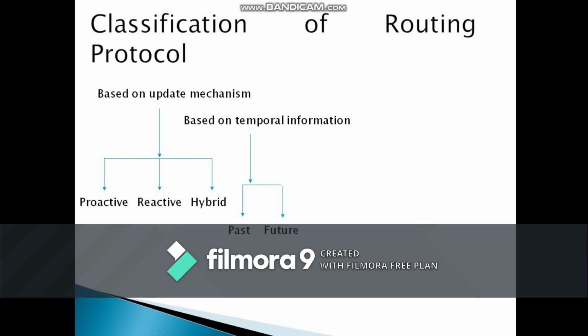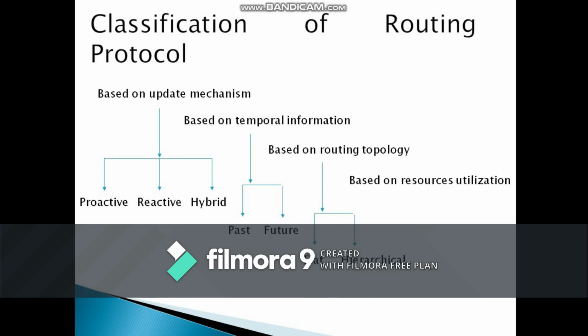On the basis of network topology, the routing protocols are of two types, known as flat and hierarchical. Based on resources, routing protocols are classified into two categories, that is power and geographical.